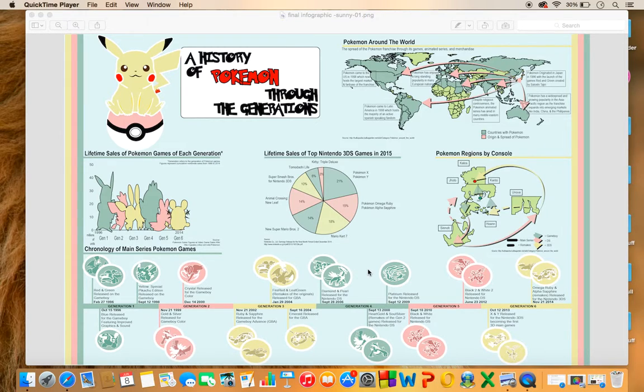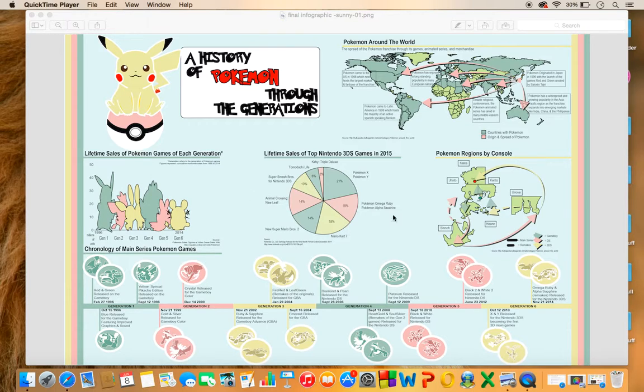And another thing to note about the visual hierarchy is that everything is about the same height. So this entire infographic is really balanced. There's no element in the center that takes up the most space.